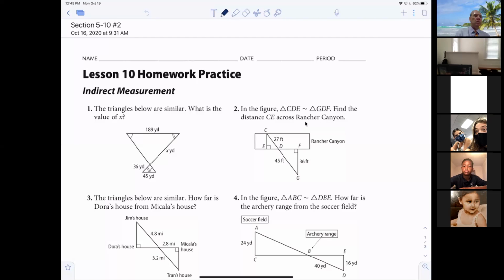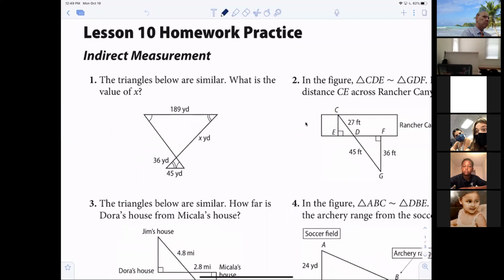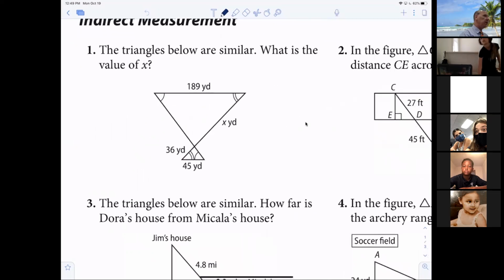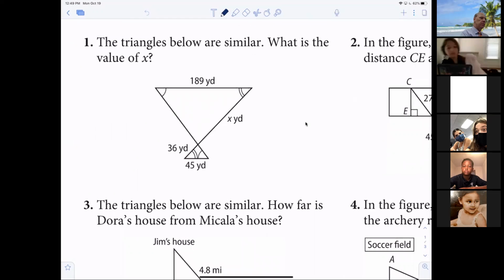All right, so number 1. Read for me, go. Okay, so here we go. Hold on a second. Maya is telling me how to do this one. She says 189 over what? 36.